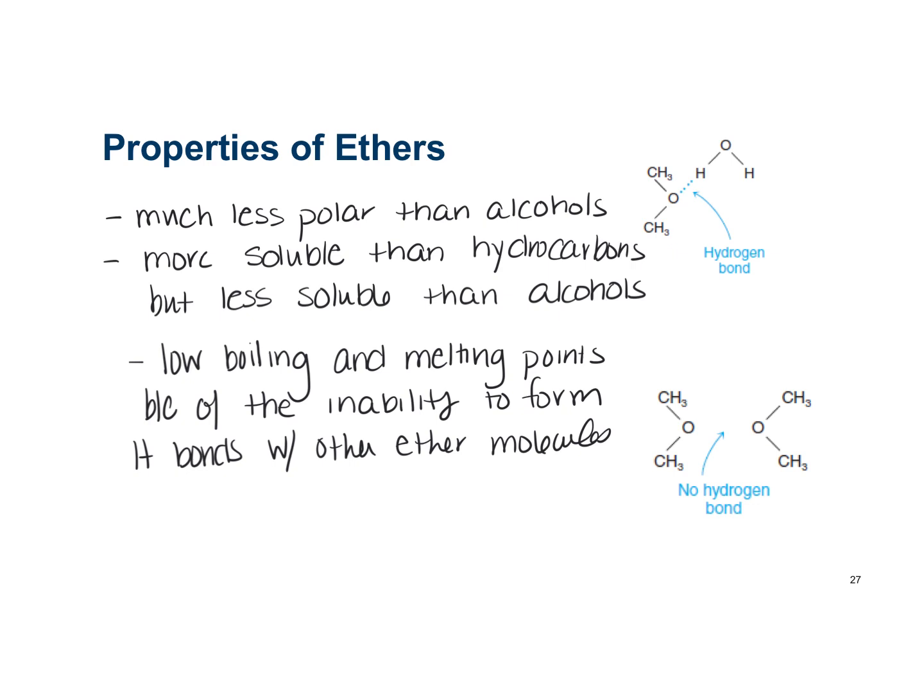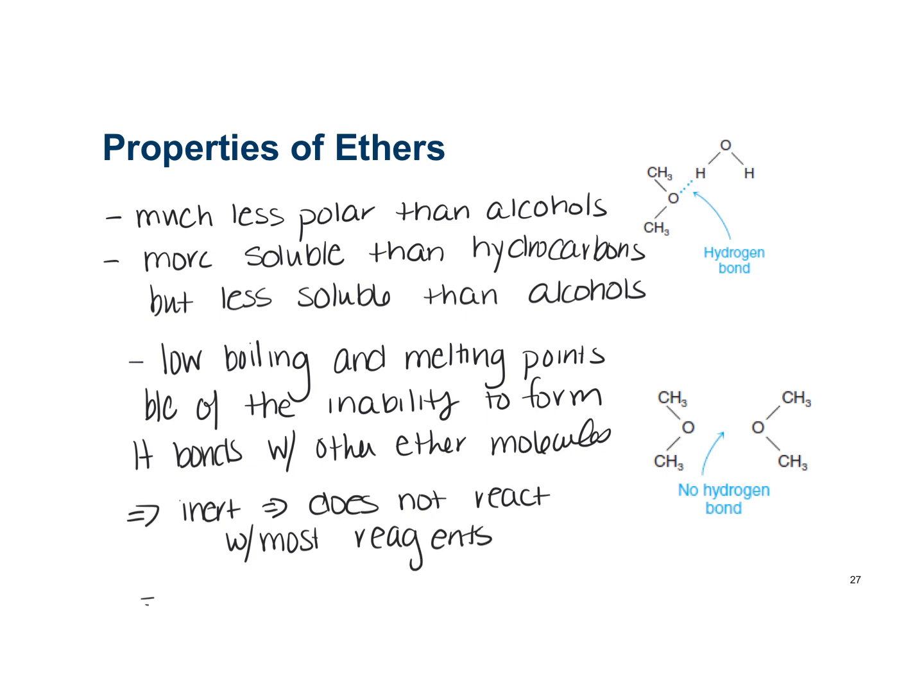The chief chemical property of ethers is that, like alkanes, they're pretty inert and do not react with most reagents. So if we say something is inert, okay, it's not very reactive. However, they are also, like alkanes, highly flammable.